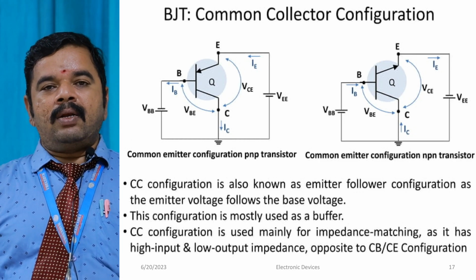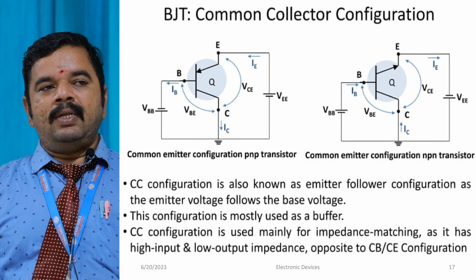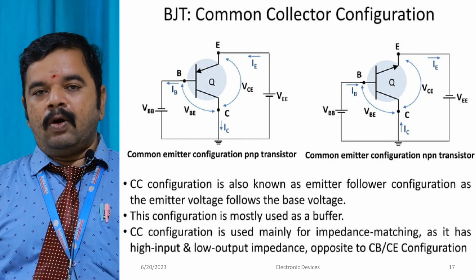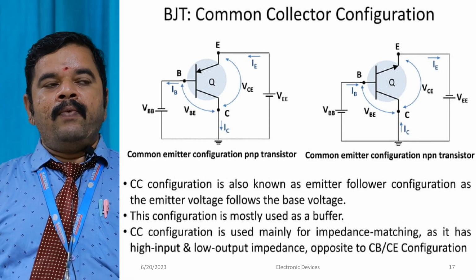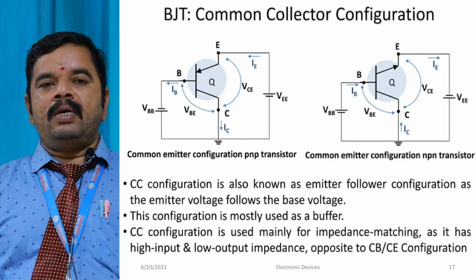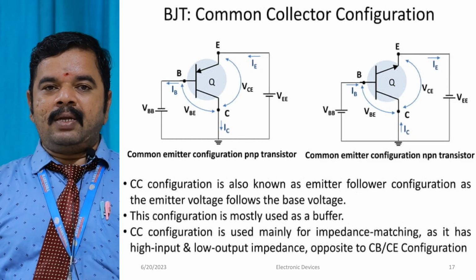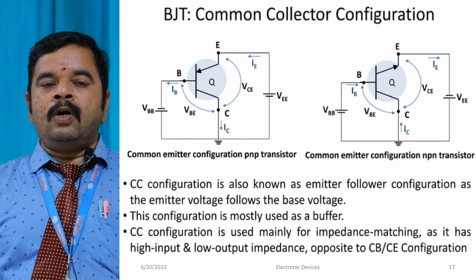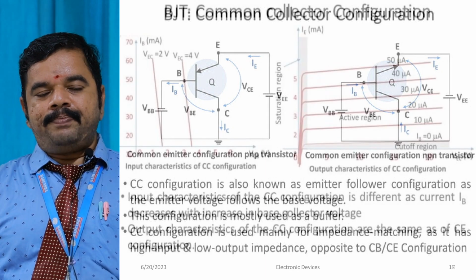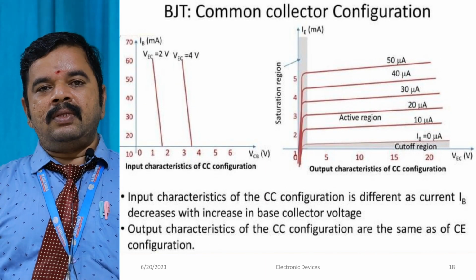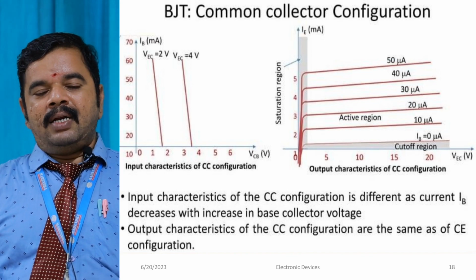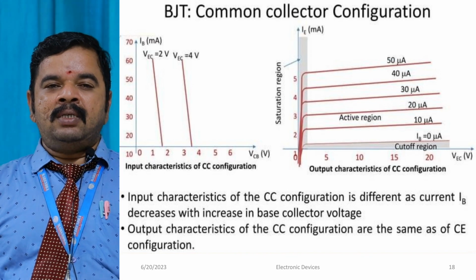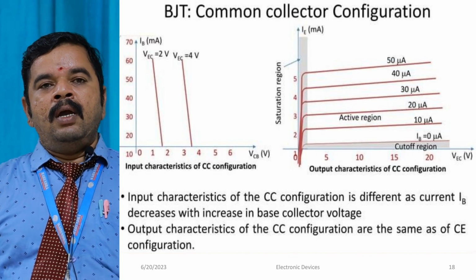In this configuration also we classify two characteristics, input characteristics and output characteristics. Similarly here we plot the graph between input voltage versus input current for a constant output voltage, and for output characteristics the graph between output voltage versus output current for a constant input current. And here also there are three regions of operation, cutoff, linear and saturation, similar to the other configurations.